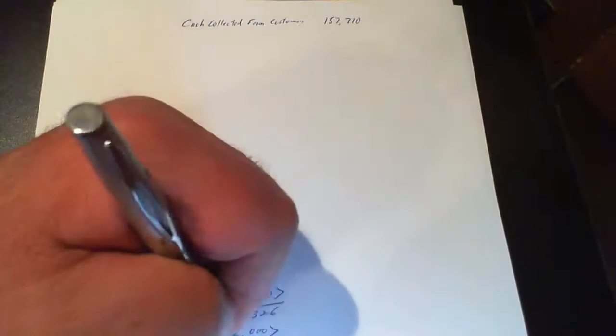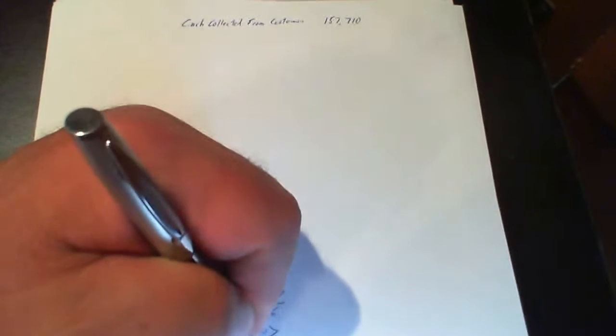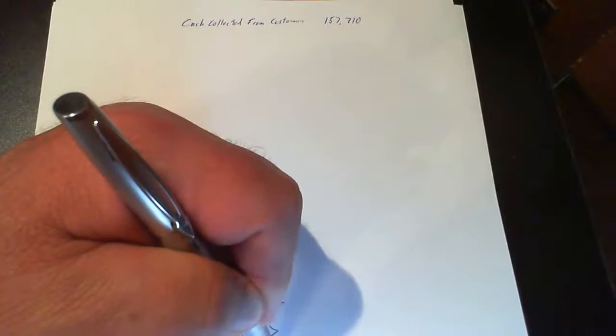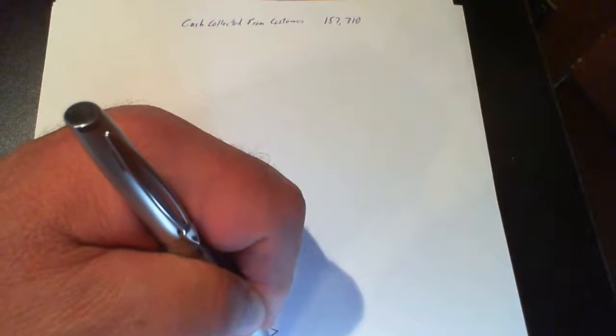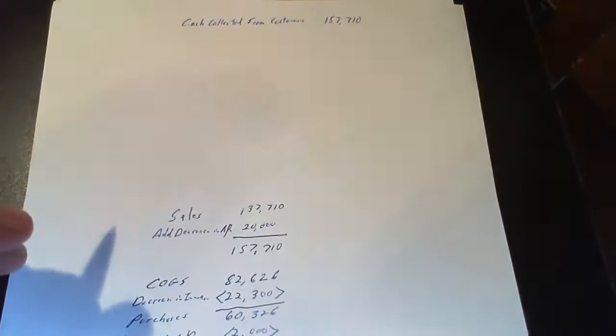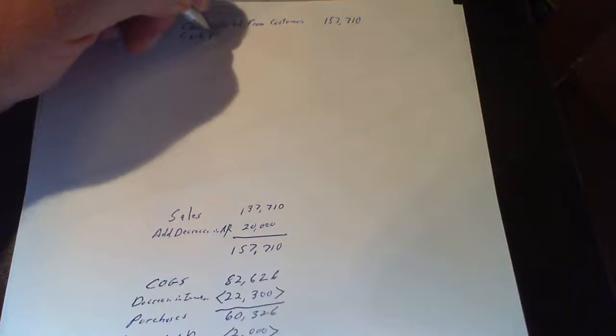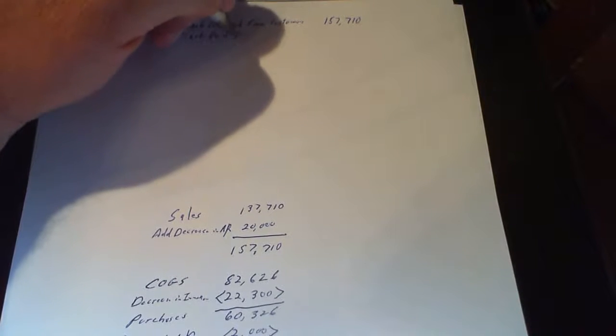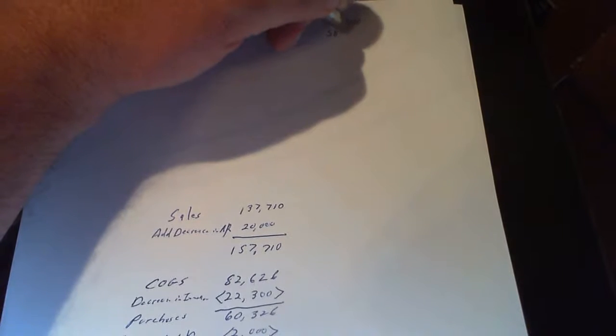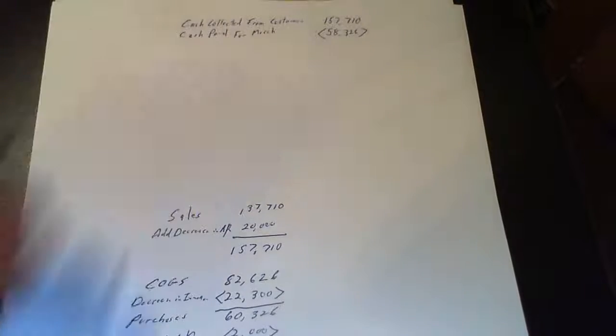Okay, so I subtract that off and I get 58,326. And that will go up there, cash paid for merchandise, $58,326, and of course that is a negative.